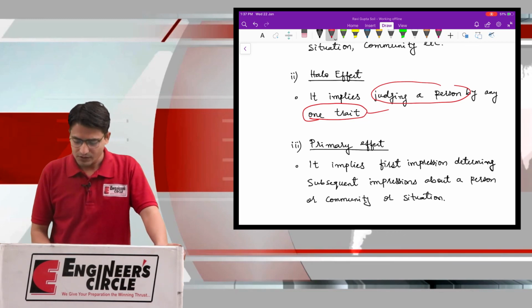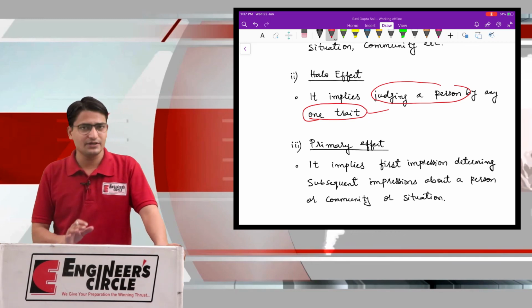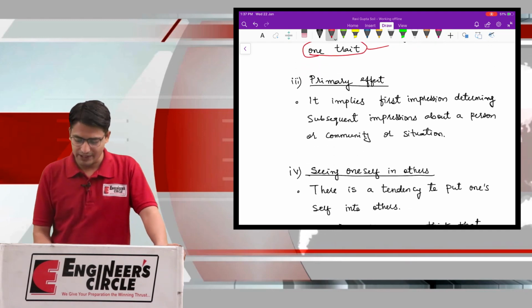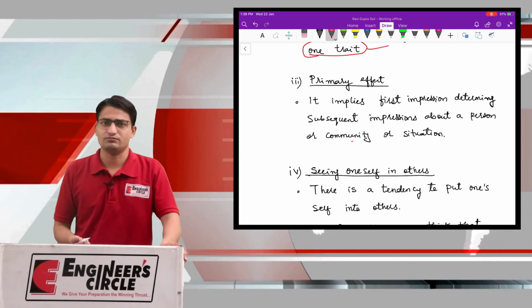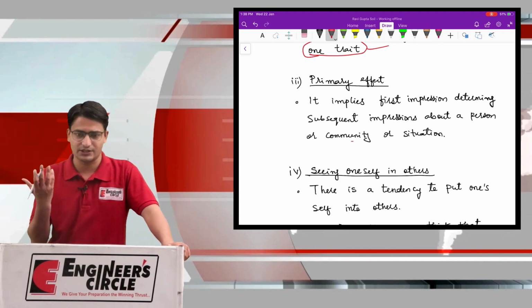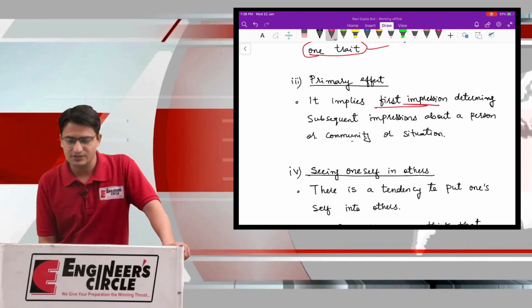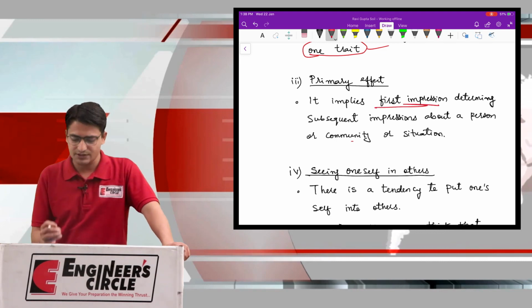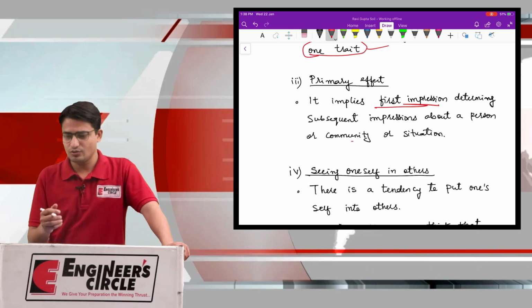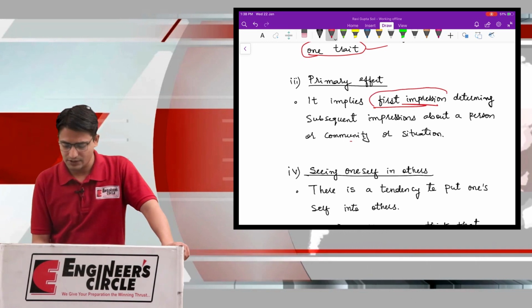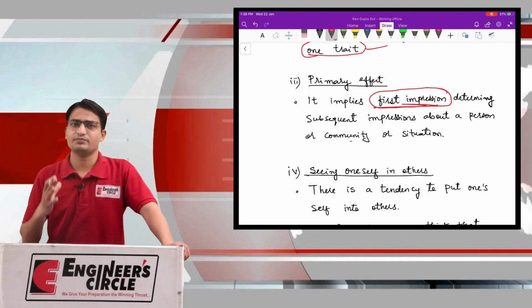Okay, similar to the halo effect is the primacy effect. What it means is the first impression determining subsequent impressions about a person, community or situation. You will be able to easily understand this. First impression is the last impression, like that thing is happening in this third factor. That is, you came to know about some person, but it was only the first impression.